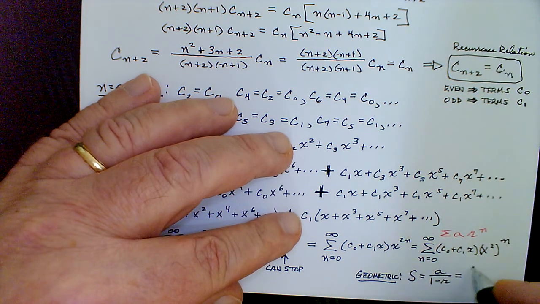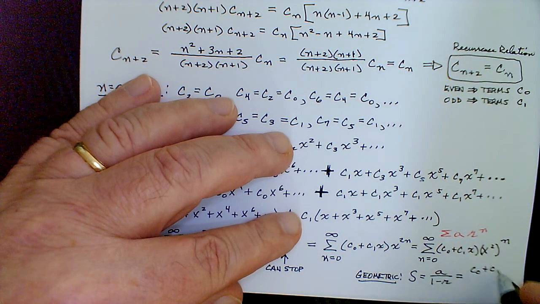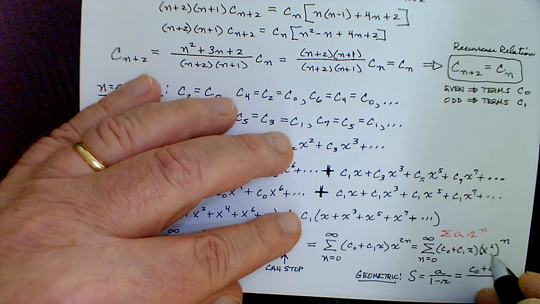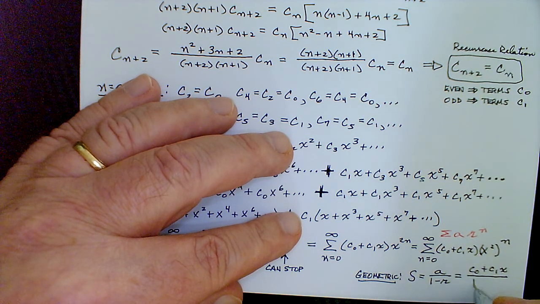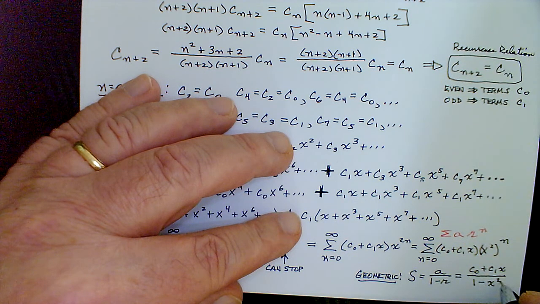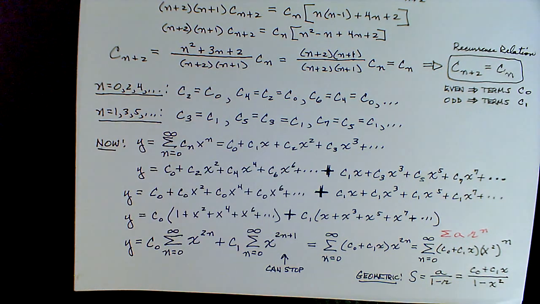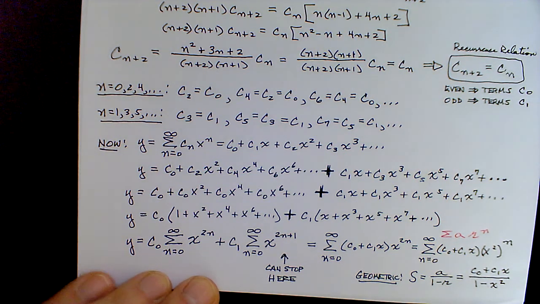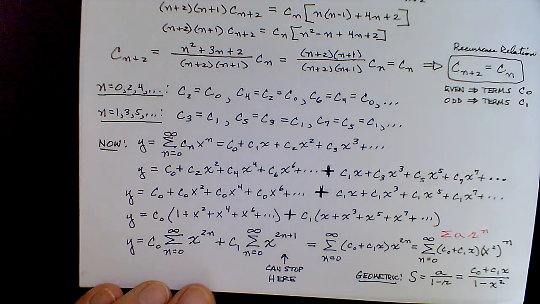So A is c sub 0 plus c1x, and the value of R is x squared. And so that would be over 1 minus x squared. Okay? So remember, you can stop right here. You don't have to do anything fancy like they did at the very end of this problem.